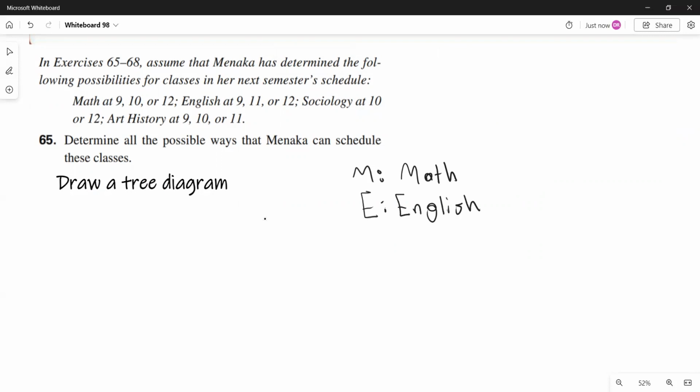S stands for sociology. And A stands for art history.